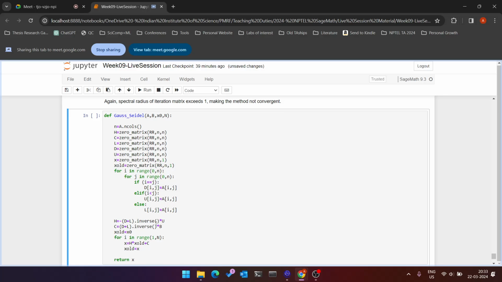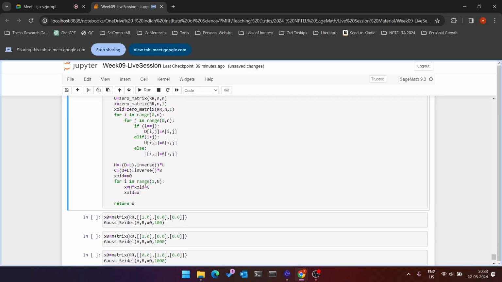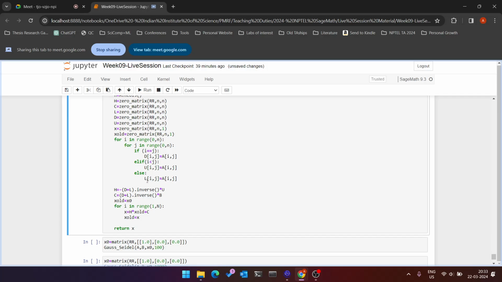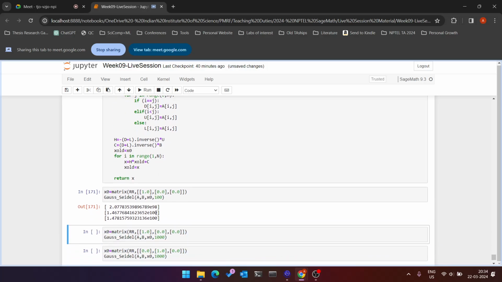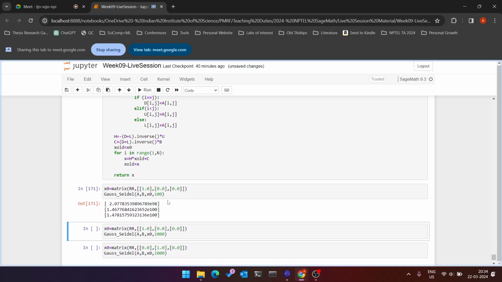If I run the Gauss-Seidel algorithm, first calculating the U and L matrices, then the iteration matrix and the constant term C, and then calculating X as H times X old plus C, for a chosen 100 vector, this is what the solution looks like after 100 iterations.